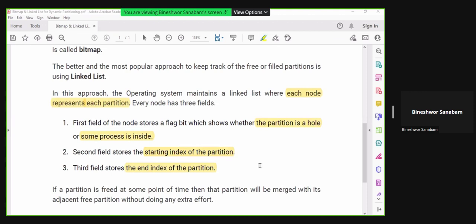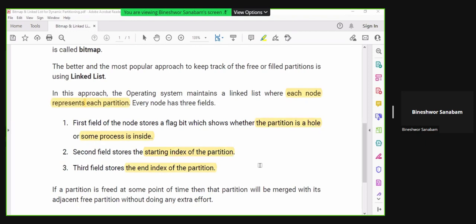If a partition becomes free at some point of time, it will be merged with its adjacent free partition without any extra effort. Whenever there is a free partition, it is merged with its adjacent free partition.